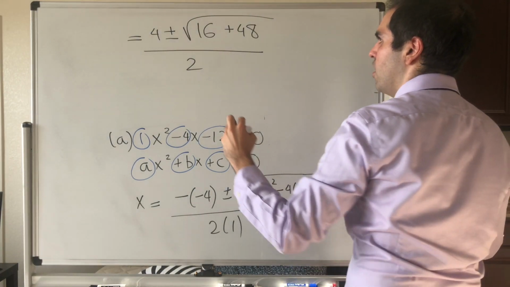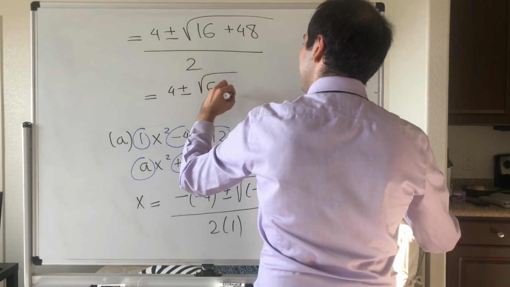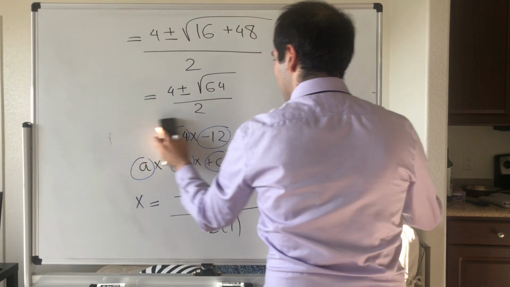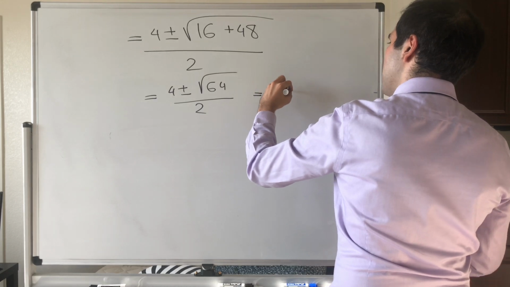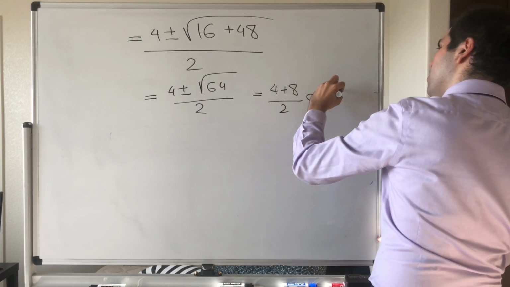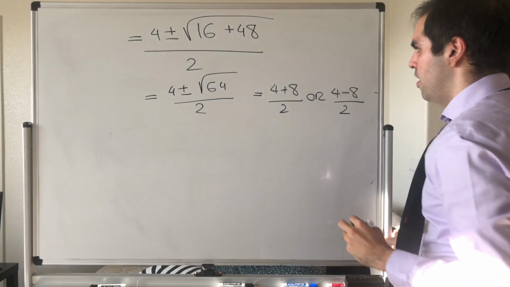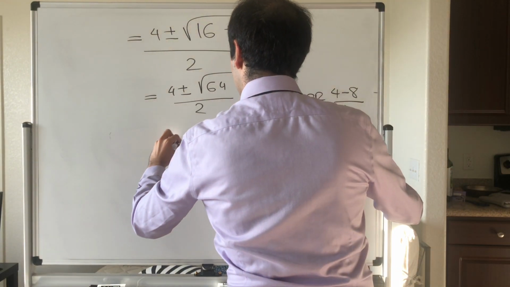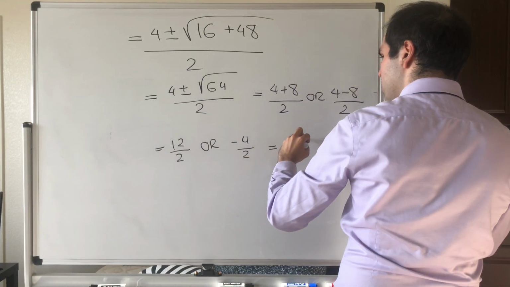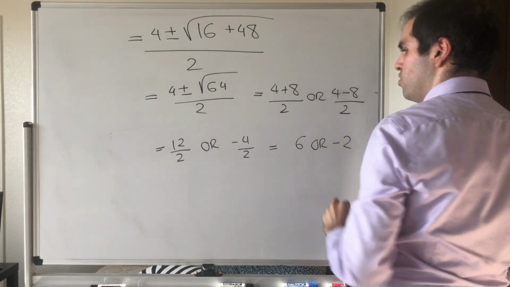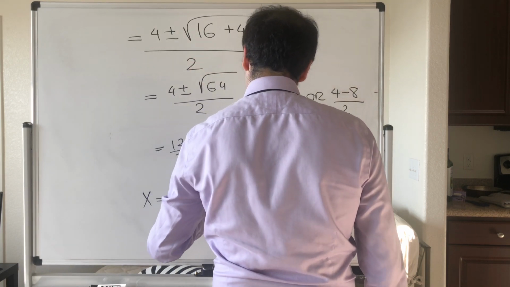And I believe this becomes 4 plus or minus square root of 64 over 2. And square root of 64, that is 8. So it's either 4 plus 8 over 2 or 4 minus 8 over 2. Okay. And that becomes 12 over 2 or minus 4 over 2, and that gives you either 6 or minus 2. So here the x-intercepts are minus 2 or 6.